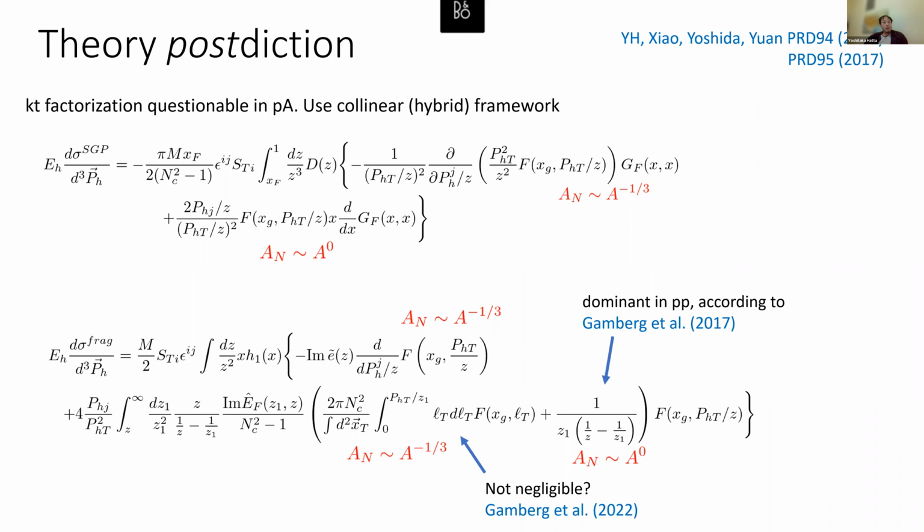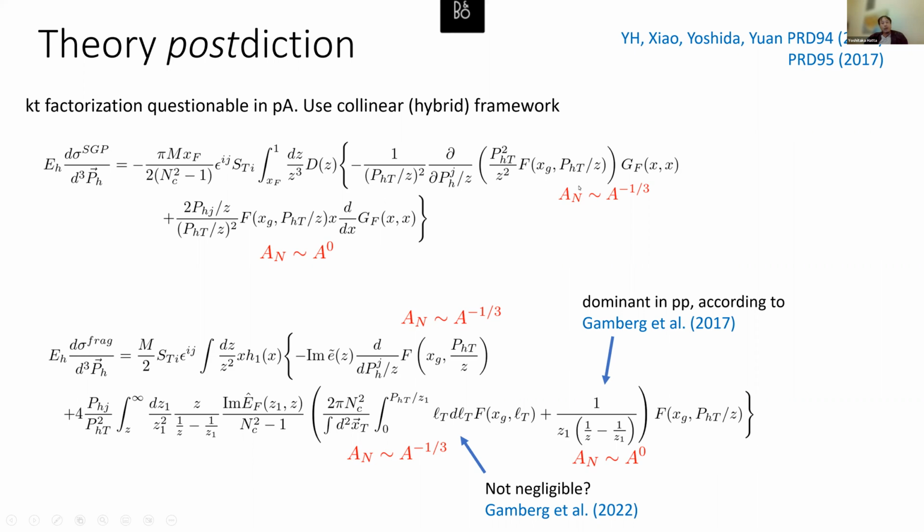What we did is basically dump the kT factorization approach, because it's questionable in proton-nucleus collisions. Instead we use the collinear framework, which is actually a hybrid framework. We use the collinear PDF for the proton and the kT-dependent PDF for the nucleus. The first line is a contribution from the Qiu-Sterman function, a soft gluon pole contribution.